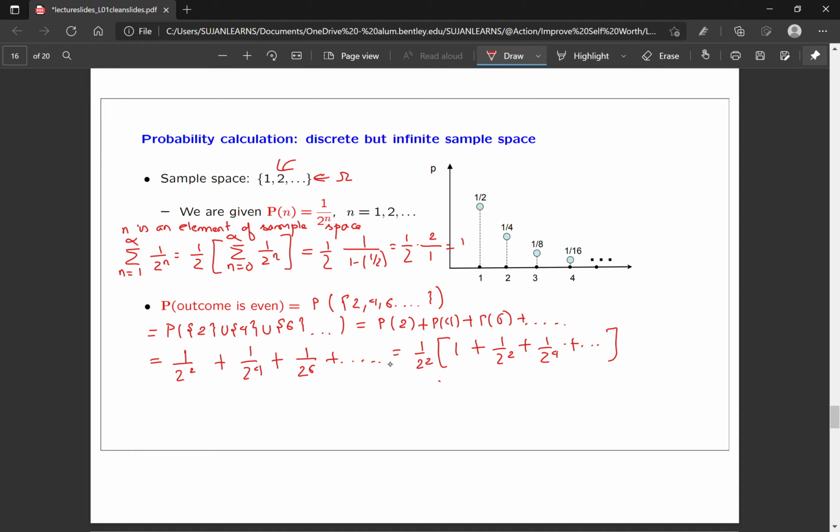Now, if you look carefully, this is also a geometric series. Isn't that true? It is. Therefore, we can do the same thing as we did before.